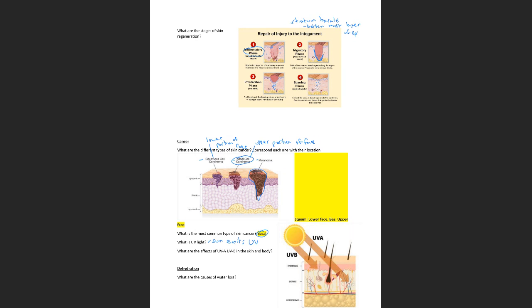Now, there are two types of UV light. There's UVA and there is UVB. UVA is the more powerful one. It's able to penetrate down to the dermis. So this is what usually causes DNA damage, UVA.